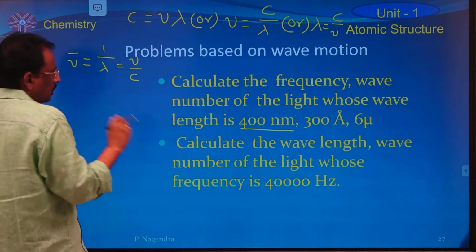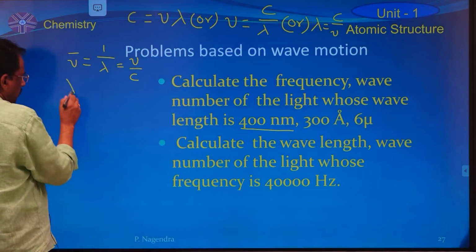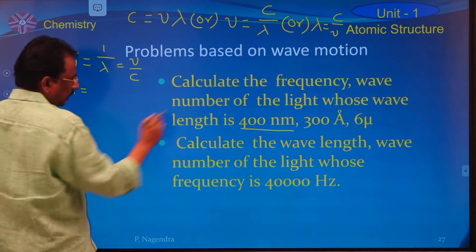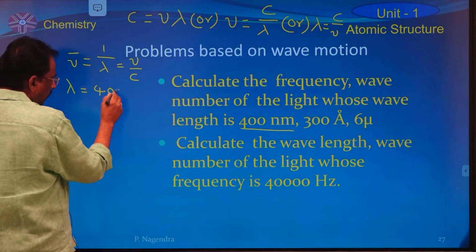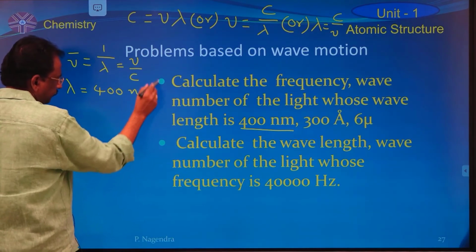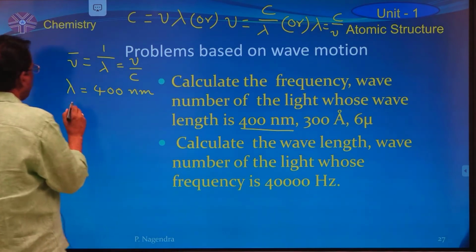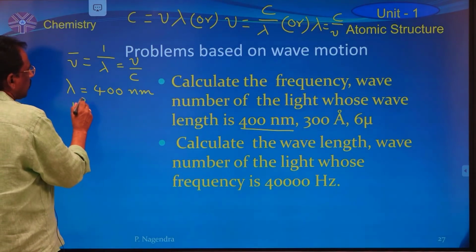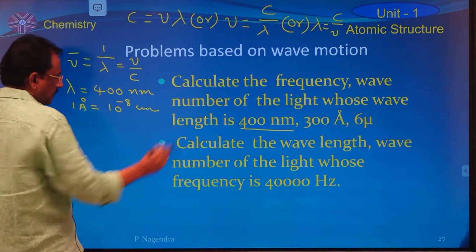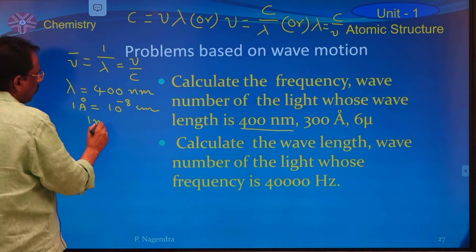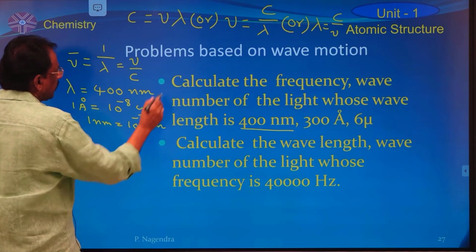Now solve this problem. In this problem, lambda is given: lambda is equal to 400 nanometers. A very important point is that 1 angstrom is equal to 10 power minus 8 centimeters, and 1 nanometer is equal to 10 power minus 7 centimeters.